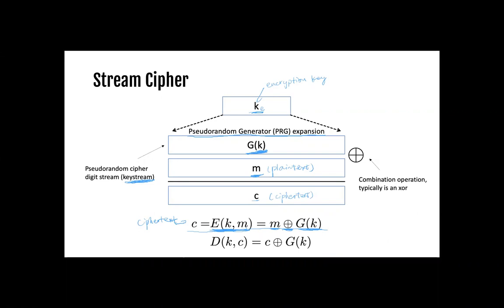This is the way that a stream cipher makes sure that every bit of a plain text will be encrypted. Again, let me repeat this: it expands the key to a key string, a long enough key, so that it will be able to combine with the plain text bit by bit.